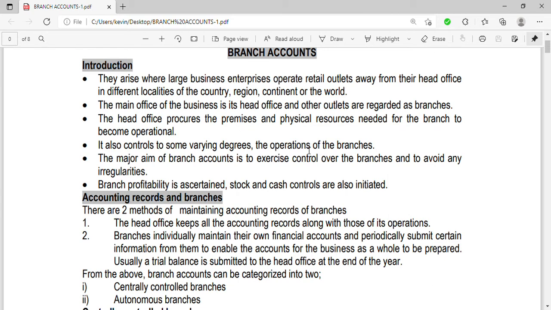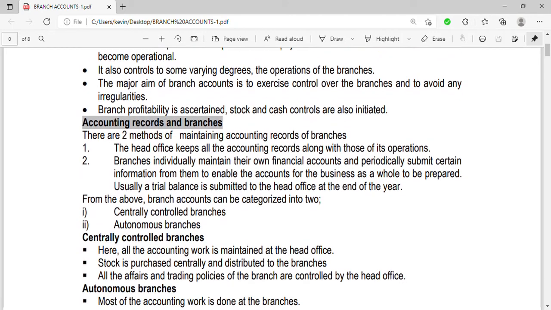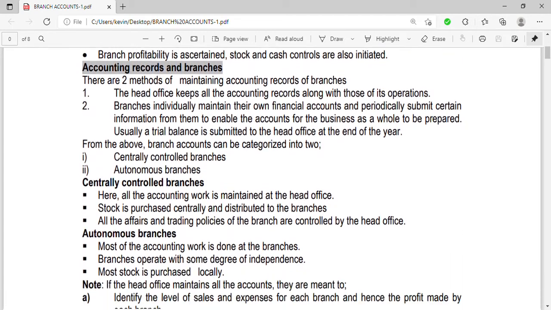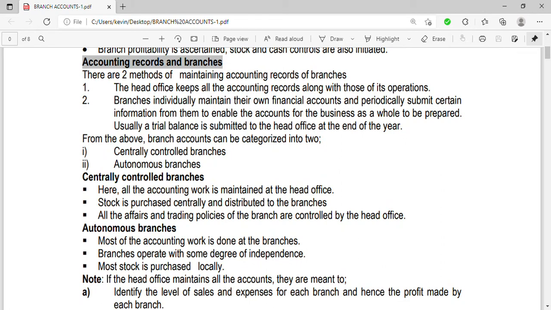The major aim of branch accounts is to exercise control over branches and to avoid any irregularities. And branch profitability is ascertained. Stock and cash controls are also initiated. Then let's go to accounting records and branches. There are two methods of maintaining accounting records of branches.